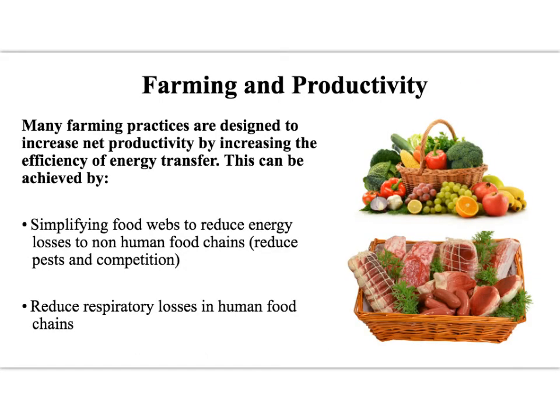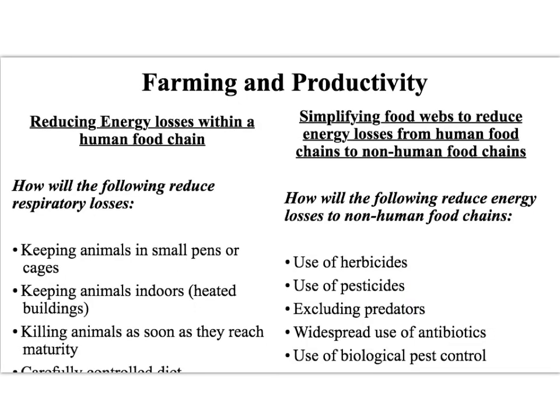So we're just going to do a little bit of a recap then. Many farming practices are designed to increase net productivity by increasing the efficiency of the energy transfer. And we looked at a number of ways that can happen. We've looked at reducing respiratory losses, and also we've looked at simplifying food webs. So just as a little summary here, this is ways that energy losses can be reduced in a human food chain, and other ways that we can reduce by simplifying food webs.